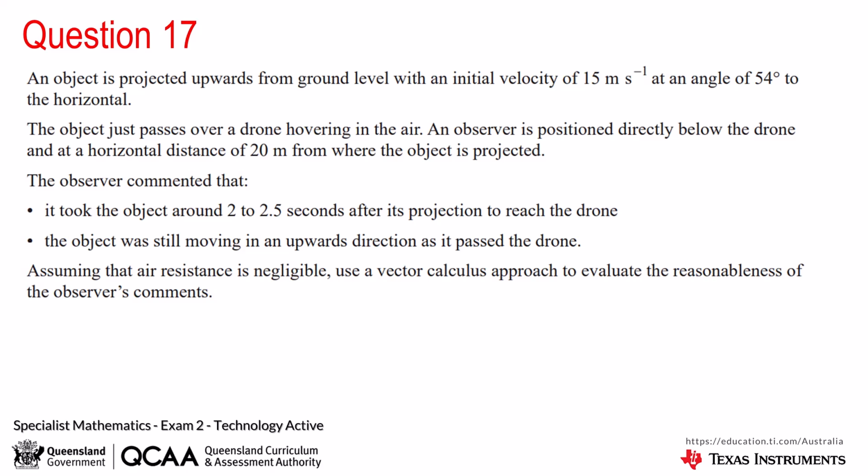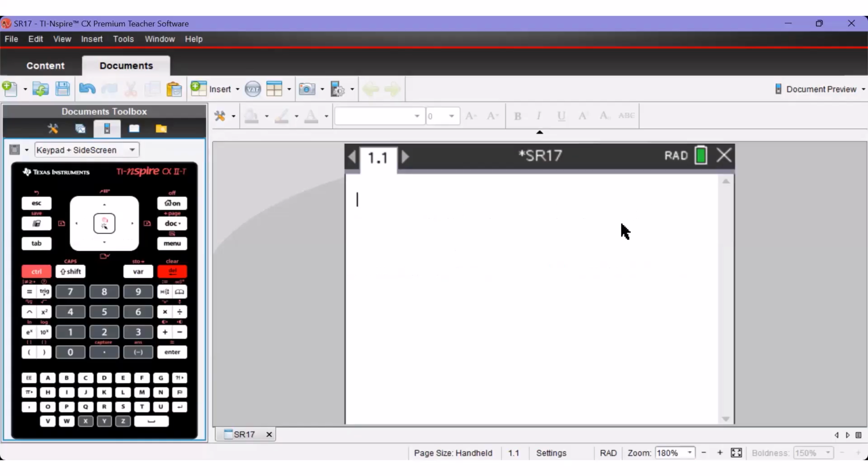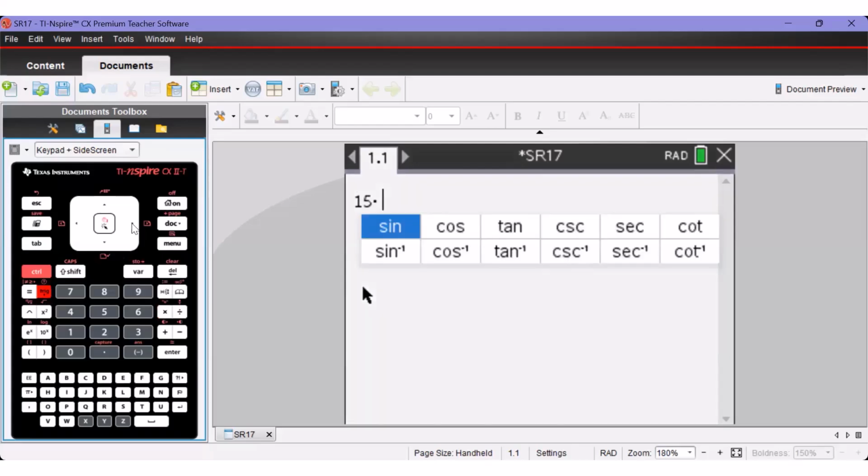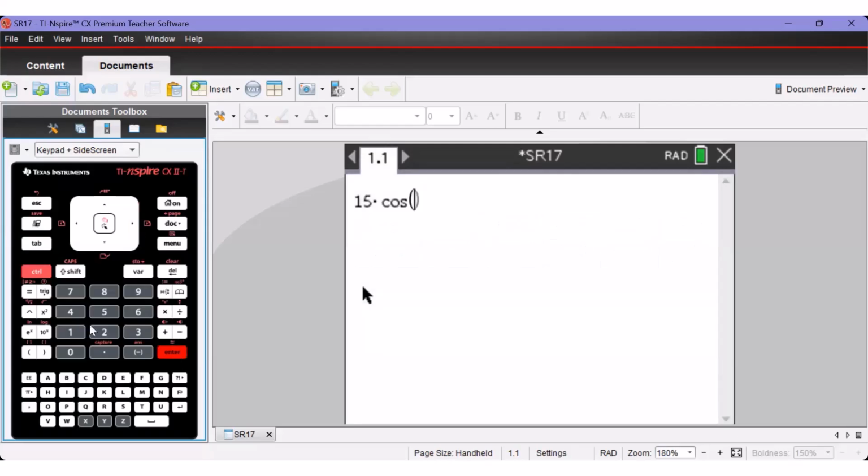So let's go to Nspire, and if you have a look here, I'm in radian mode. So let's type in first of all 15 multiplied by, press trig, nav pad to the right to highlight cos, and press enter, then enter 54.